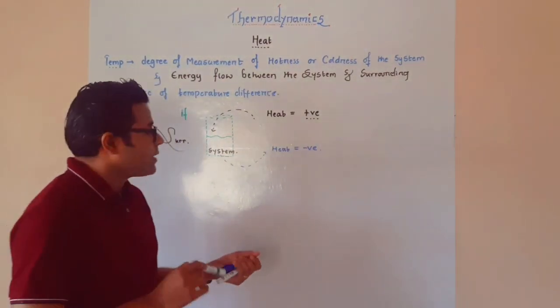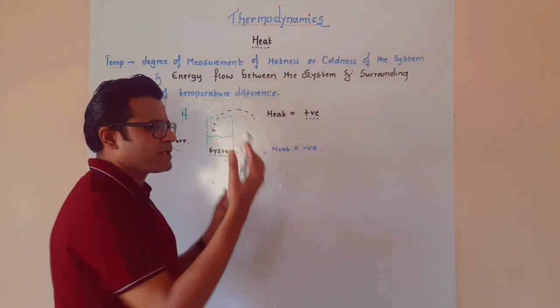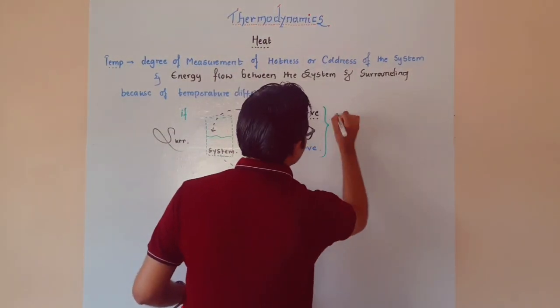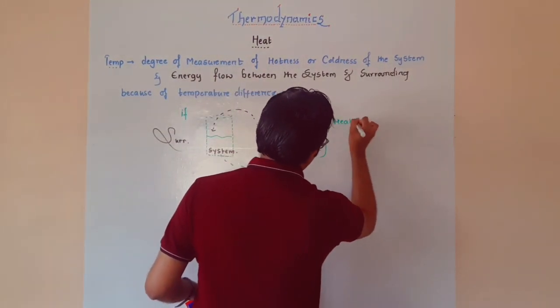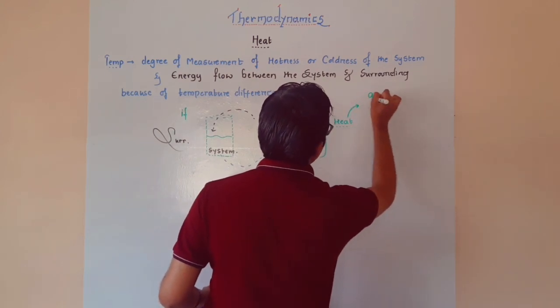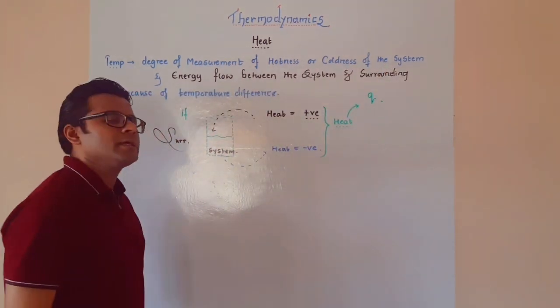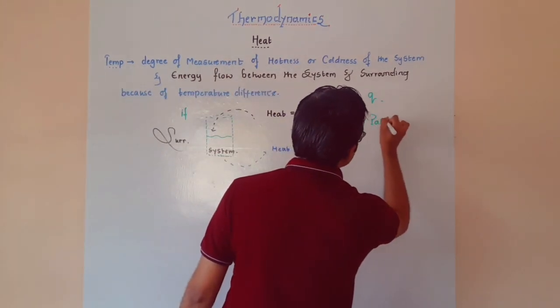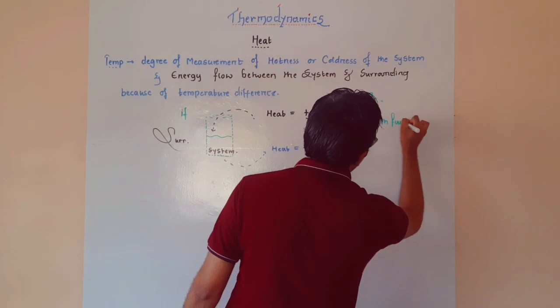Now, whether it is positive or negative, you should know certain points about heat. This heat is represented as Q. Secondly, heat is a path function. Remember this, it is a path function.